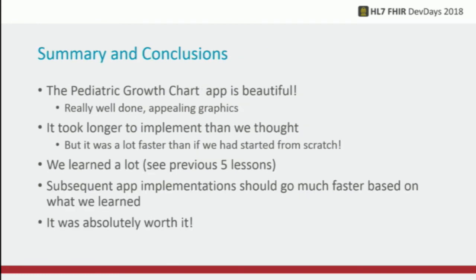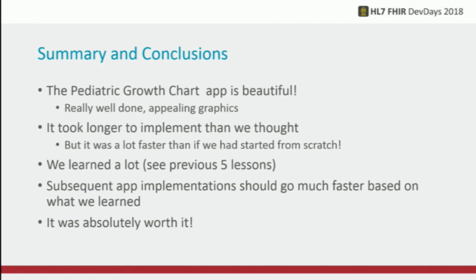So, summary and conclusions. Basically, the growth chart is a beautiful application. It's really well written. The users at Intermountain much preferred the SMART on FHIR version of the application as opposed to the Cerner out-of-the-box growth chart.